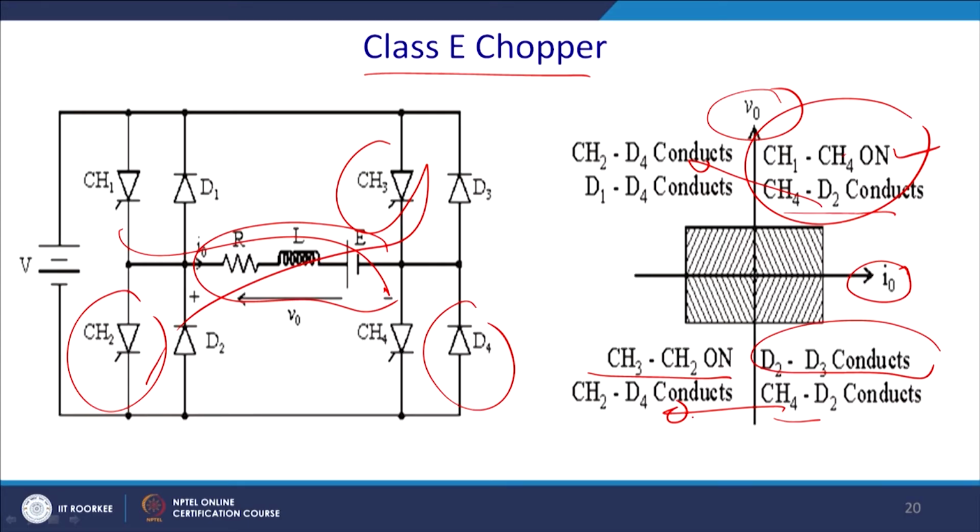Same way here and here you will find that CH4 D2 conducts, here CH2 D4 conducts, and also the diodes will have an interchange, because D1 and D4 will conduct in this operation because voltage is positive, and in this case since voltage is negative, D2 D3 will conduct. But here, when T on is operated by CH2 and D4, first D2 and D3 will conduct in reverse mode, thereafter followed by CH4 and D2. So, this is the 4 quadrant operation of the chopper.